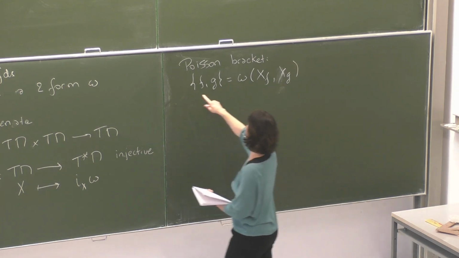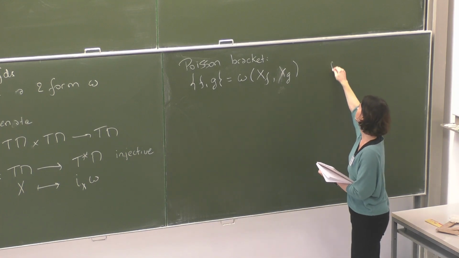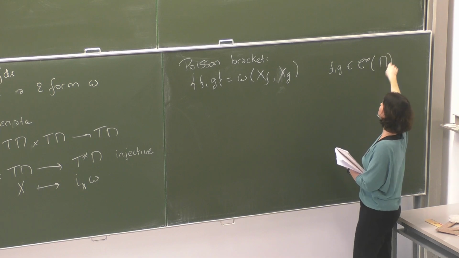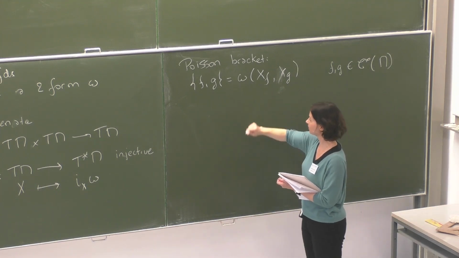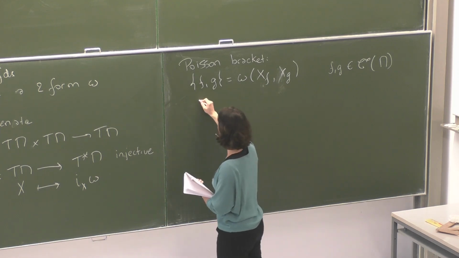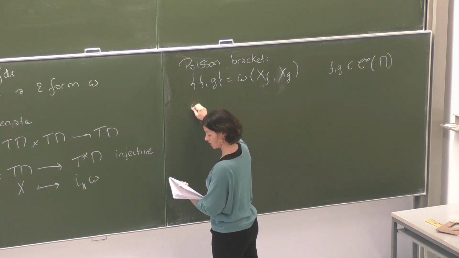So here I define the Poisson bracket of 2 functions. F and G are functions on the manifold, and we can pair these functions using vector fields, which are defined like this.